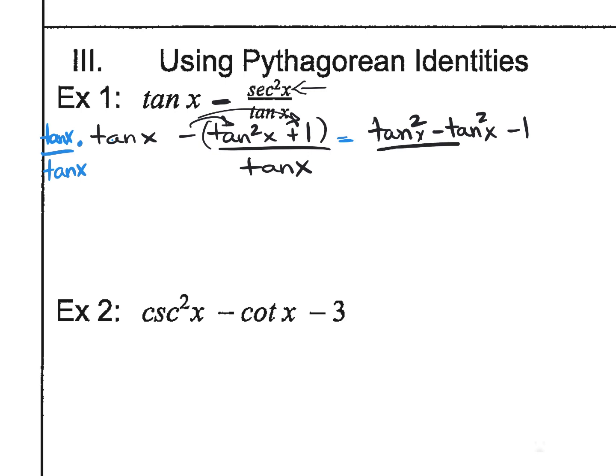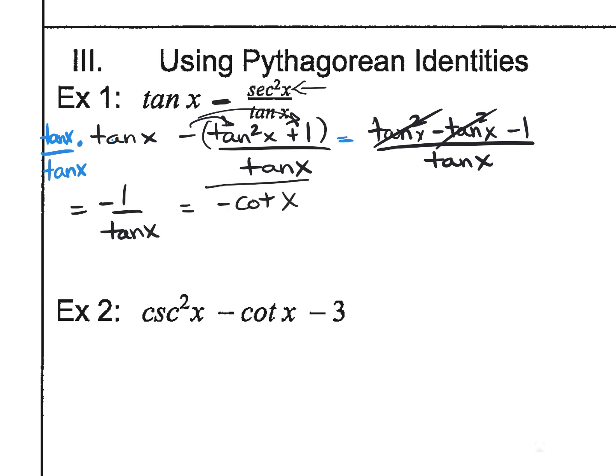And it's all over what? So what is tan squared minus tan squared? So, negative 1 over tangent, which is what? Yep. Negative cotangent. All right, we're going to get rid of this one and put a different example in.